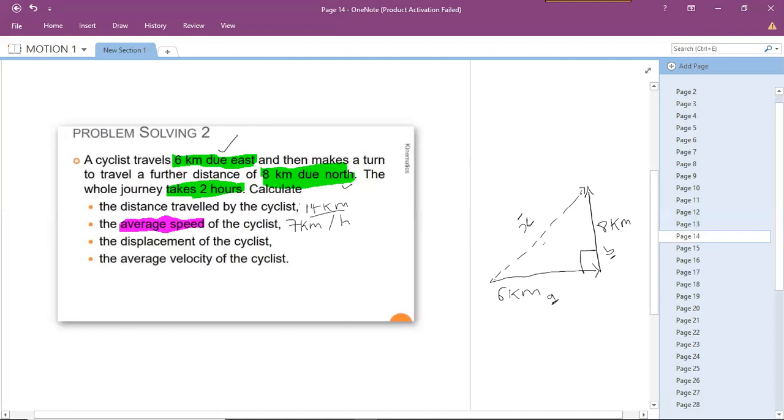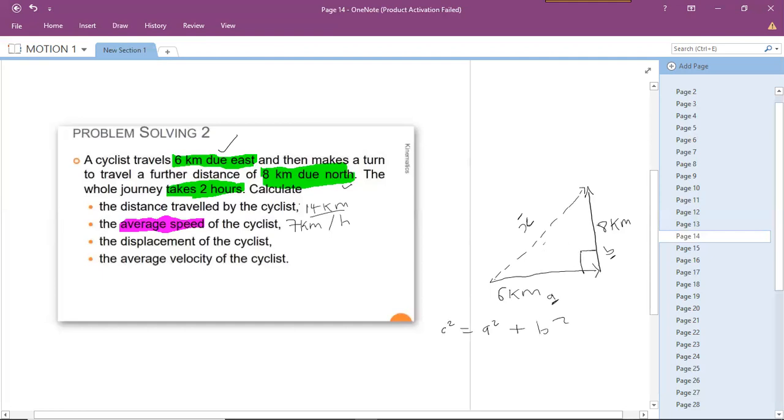That's the resultant displacement that we want to find. To make calculations easy in terms of substitution, we'll call this 6 kilometers due east vector A, and this 8 kilometers due north vector B. And we'll say the resultant is vector X, like that. So we have to use Pythagoras theorem. We're going to say c squared is equal to a squared plus b squared.